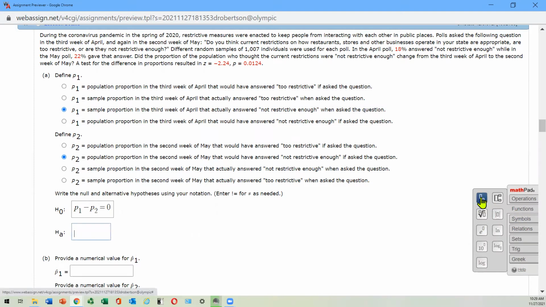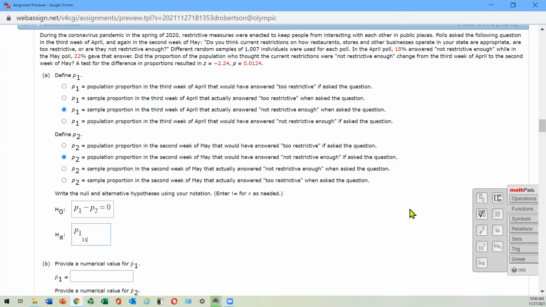So different is going to be P1 take away P2. Okay, got to be careful with how many subscripts I've got going on here.